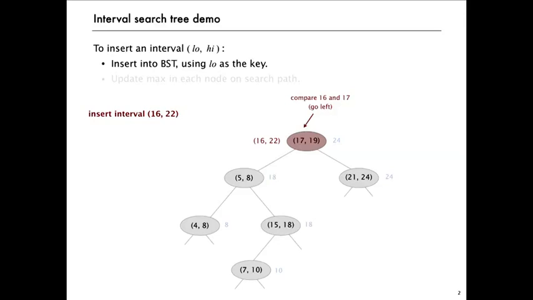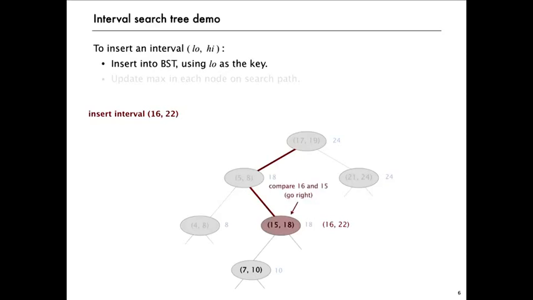So to insert 16, 22 in this tree, we use the left endpoint as the search key. 16 is the left endpoint of our insert interval. We compare that with 17 and therefore go left. Now 16 is bigger than 5, so we go right. Now 16 is bigger than 15, so we go right. And that's null, so that's where we insert our new interval.